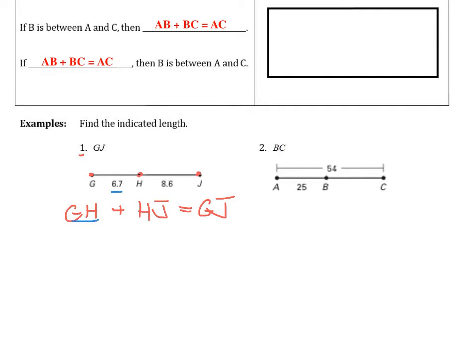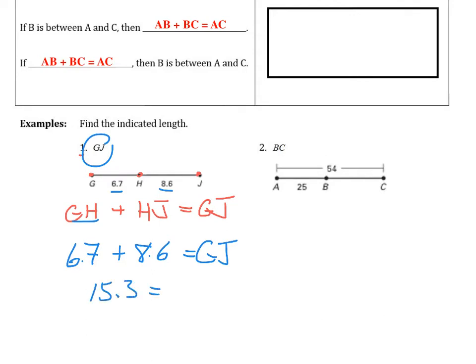So GH is actually 6.7. HJ is actually 8.6. And then obviously what I'm trying to solve for is GJ. So when I add those two up, I end up with 15.3, which is the length of segment GJ.